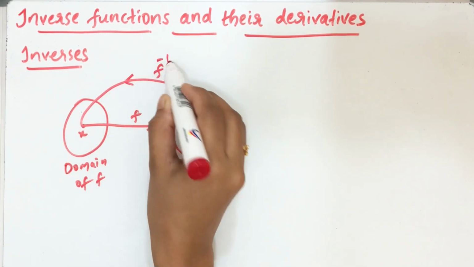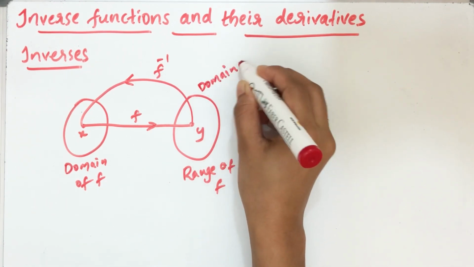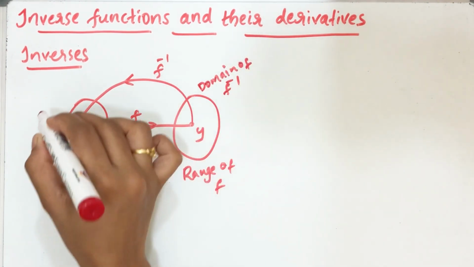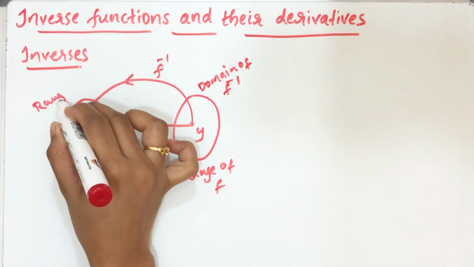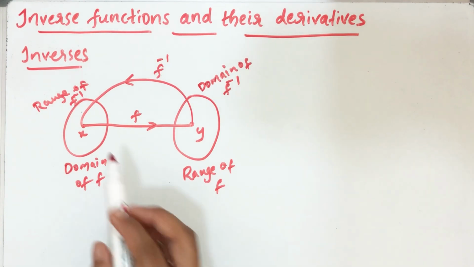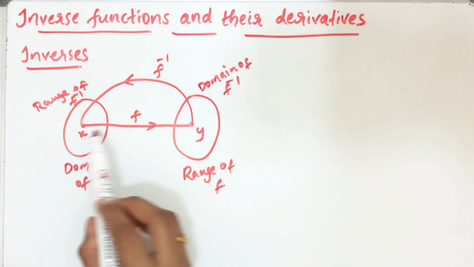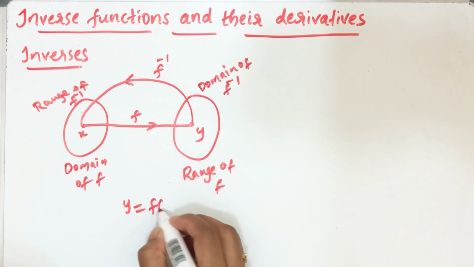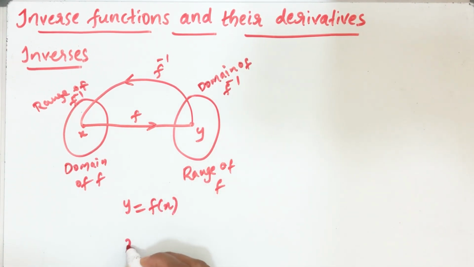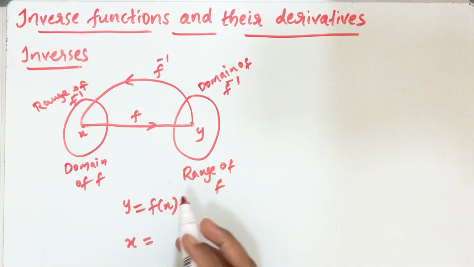This is f inverse, and this is the domain of f inverse, and this is the range of f inverse. We can say f maps x to y, so y equal to f of x, or we can say f inverse maps y to x, so x is equal to f inverse of y.